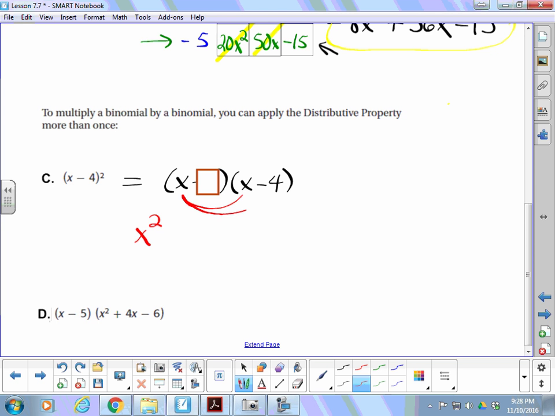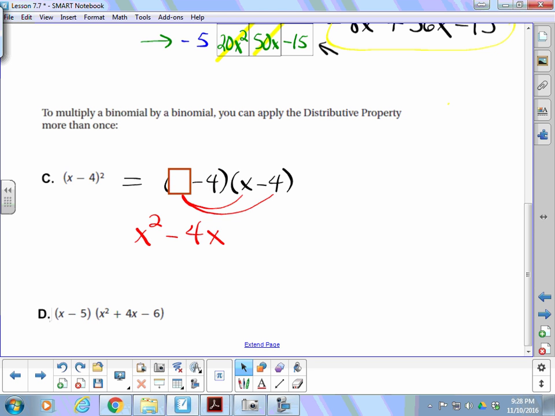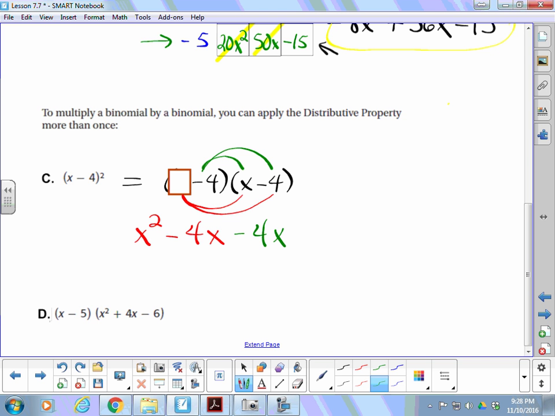And then I multiply x times negative 4, we get negative 4x. Right? Then I'm going to cover that x up basically, and I'm going to distribute the negative 4. So we multiply negative 4 times x, we get negative 4x, and then negative 4 times negative 4, which gives us positive 16.